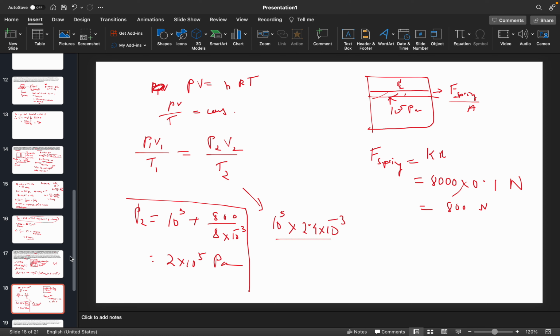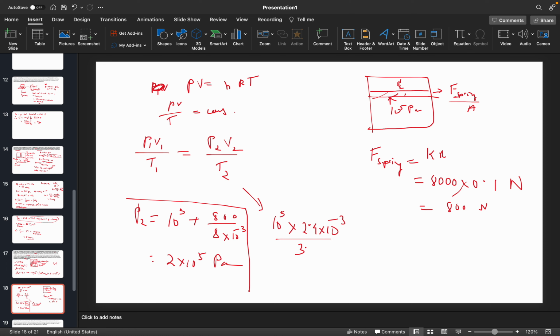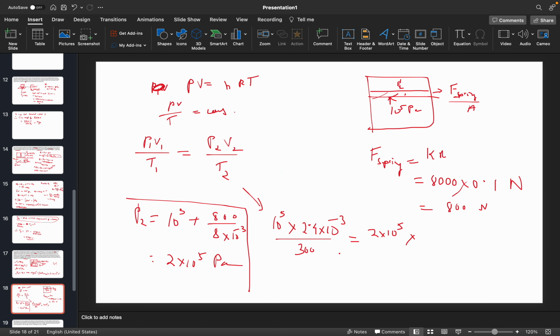And my T1 is 300. What is my P2? My P2 is 2 into 10 to the power 5. What is my V2? V2 is 3.2 into 10 to the power minus 3.